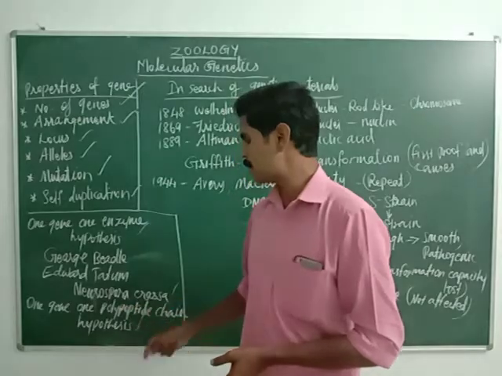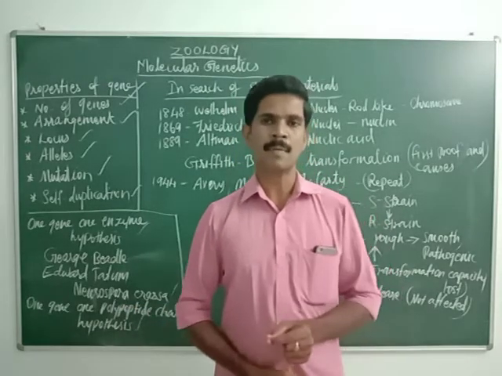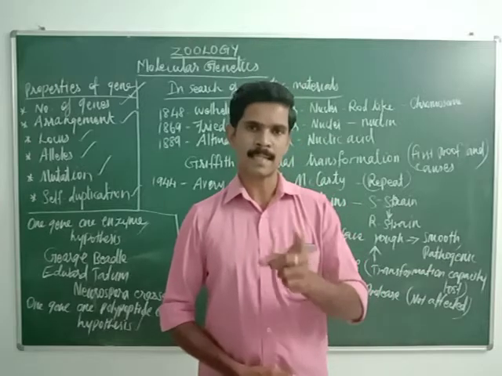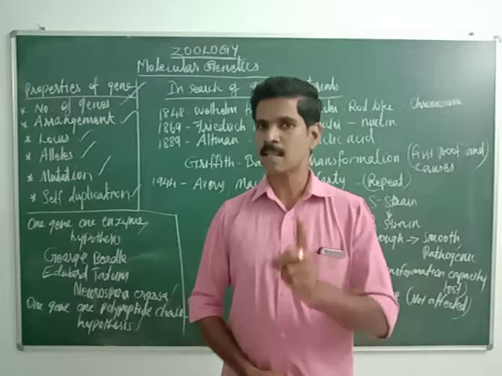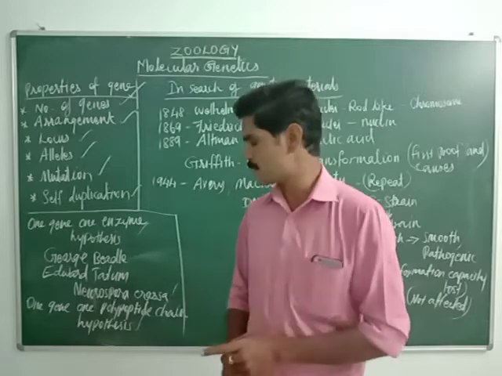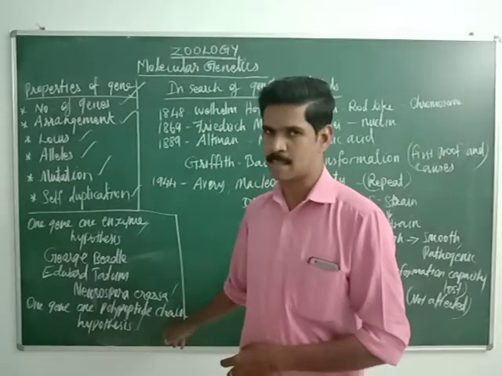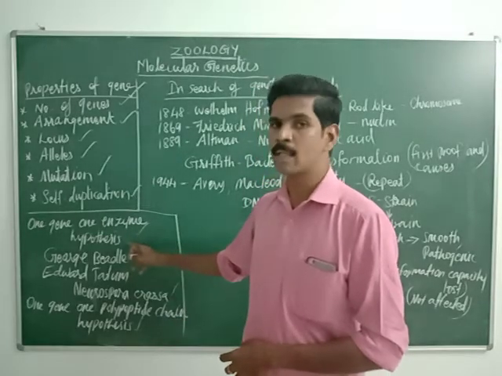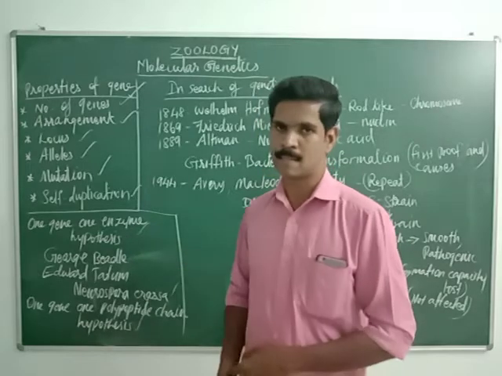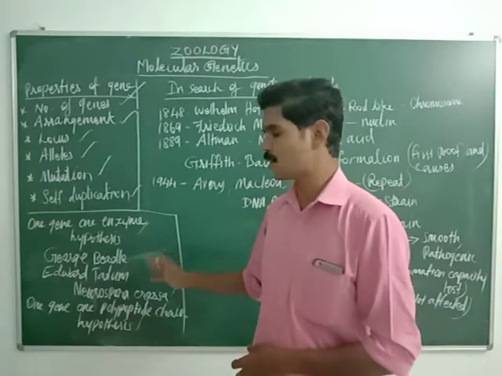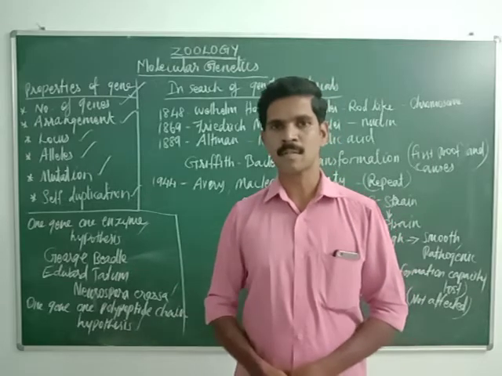One gene, one polypeptide chain hypothesis means the production of a single polypeptide chain is controlled by a single gene. This hypothesis is called the one gene, one polypeptide chain hypothesis. Whereas one gene controlling the production of an enzyme is called the one gene, one enzyme hypothesis. Hope you understood the difference between these two 2-mark questions. Understand, my dear students?